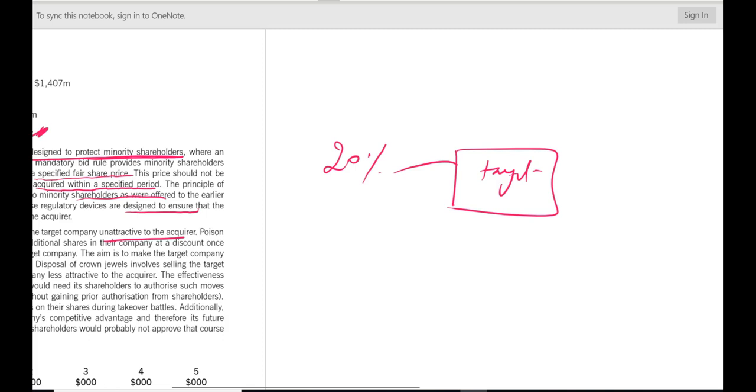If you acquire 20% of this company, the target company will issue more shares at a discount to its remaining loyal shareholders. So the percentage holding of these shareholders will increase and yours will decrease. The company will issue these shares at a substantial discount to these shareholders, and that substantial discount will create a poison pill.